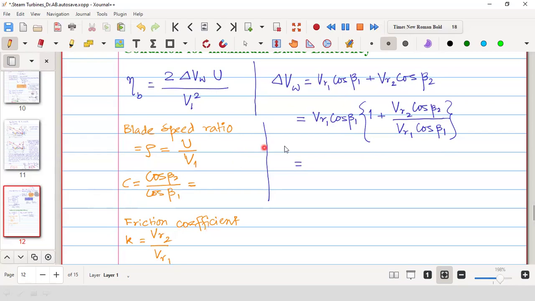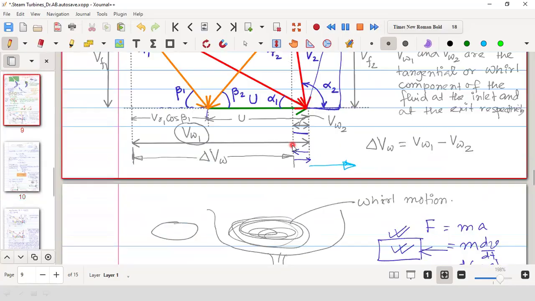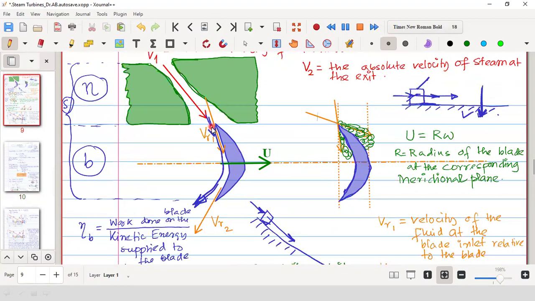Friction coefficient means if there is friction in the blade, VR2 will be reduced from VR1. Otherwise, as I told in the last class, if there is no friction, then VR2 will be the same as VR1. Even if the blade angles are different, the relative velocity will remain the same for a frictionless blade. But if there is friction, then due to friction the velocity at the exit will be less, that is, the relative velocity at the exit will be less than at the inlet.